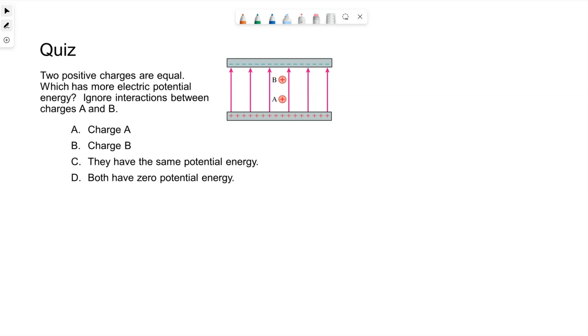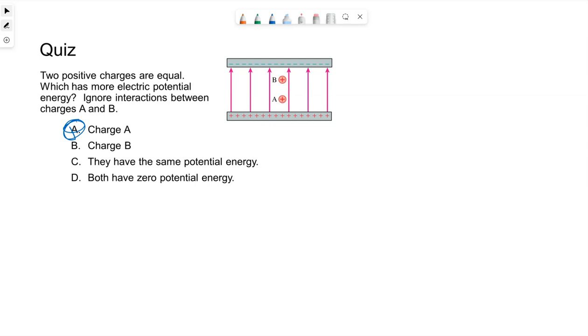So the correct answer here is A. If we think about potential energy just in terms of gravity, we know if we have two balls and hold one higher, it's going to have more potential energy because it'll end up hitting the ground faster if we let it go.